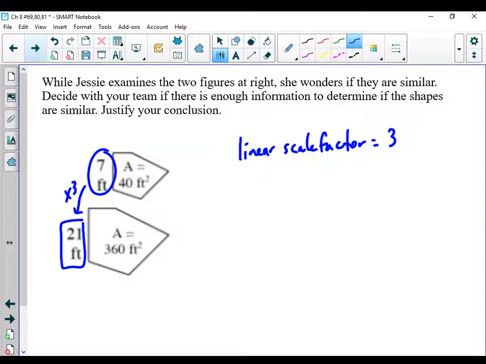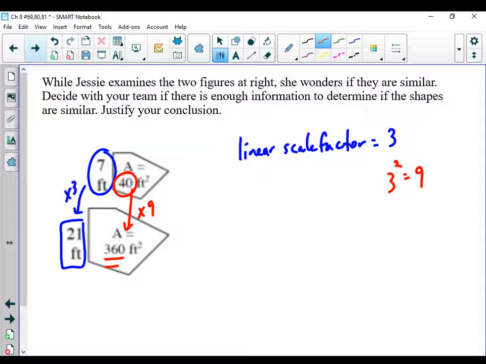So that's the first thing, figuring out what my linear scale factor is. The second thing is, if the linear scale factor is 3, do the results of our areas match up as well? If I look at my areas, I've gone from 40 to 360, which means I multiplied by 9, which is really 3 squared.